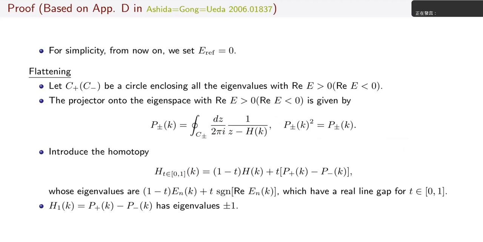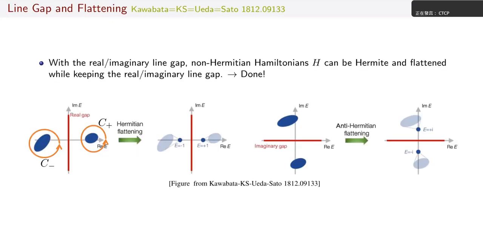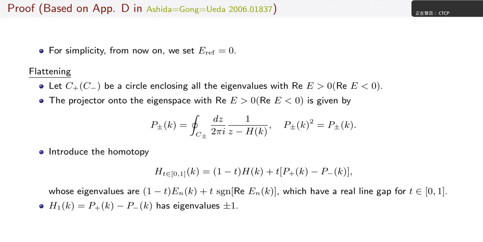You can check that this is really a projector in the sense that its square goes back to itself. But note that this is not Hermitian. By using this projector, we can explicitly implement this linear interpolation. Then eventually we get the flattened Hamiltonian.